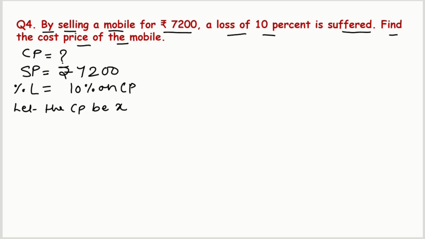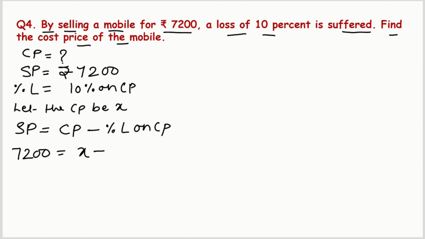Now we have the formula SP is equal to CP minus percent loss on CP. Substitute all the values. SP is 7200, which is equal to X minus 10 over 100 times X. The 0 will be cancelled.